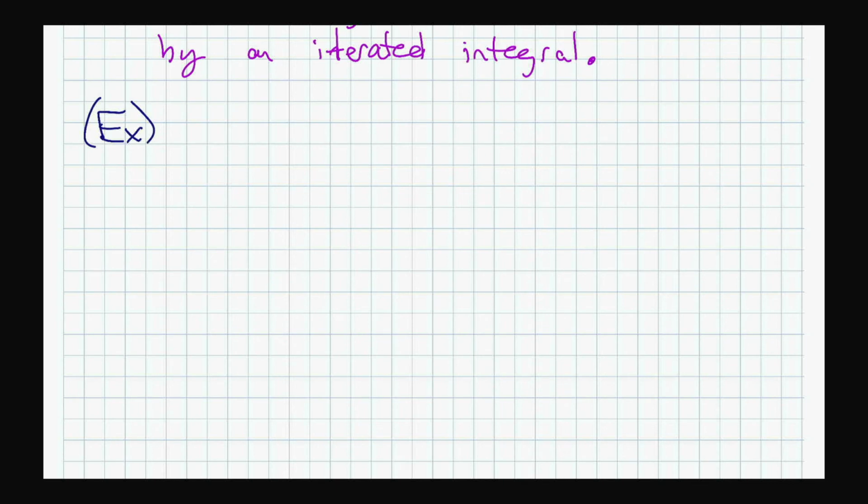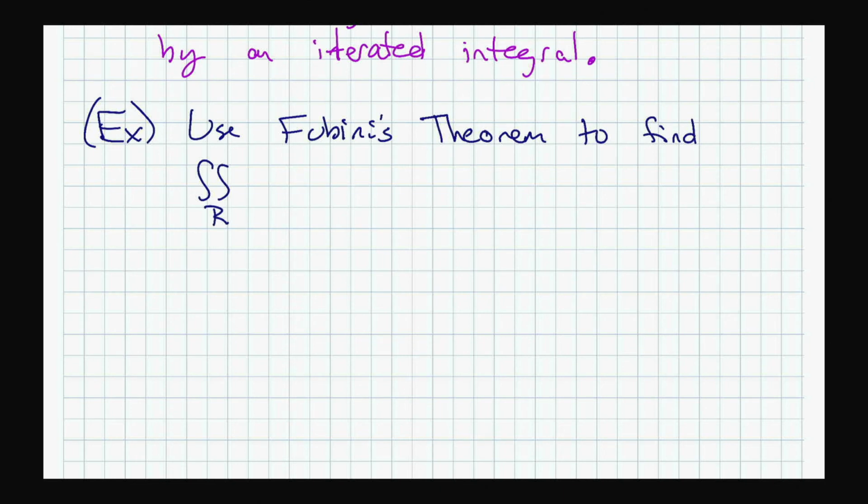Okay, so this is straight off the homework. They even say use Fubini's theorem. It's fun to say, fun to do. Use Fubini's theorem to find the double integral over R of f of x, y dA. So like this notation here, this is how you write a double integral, but this is not how you do a double integral, right?